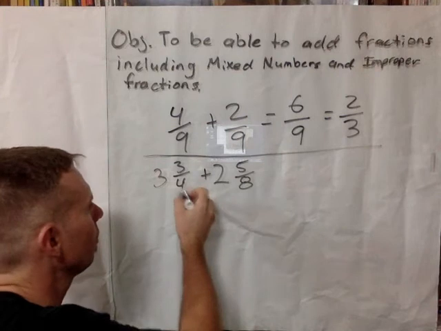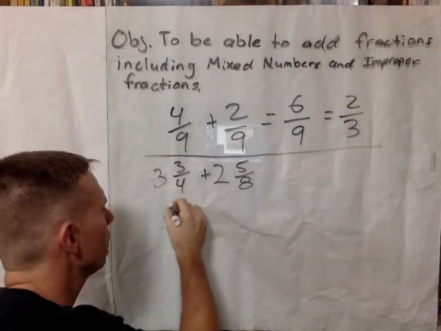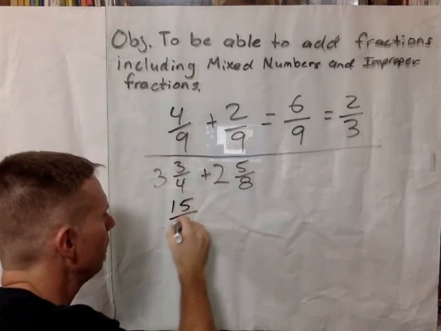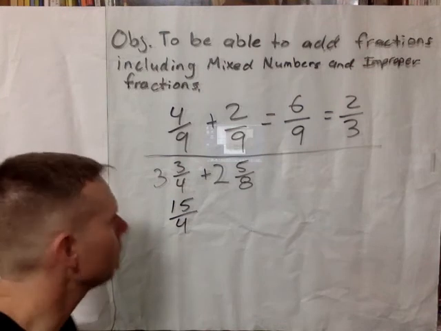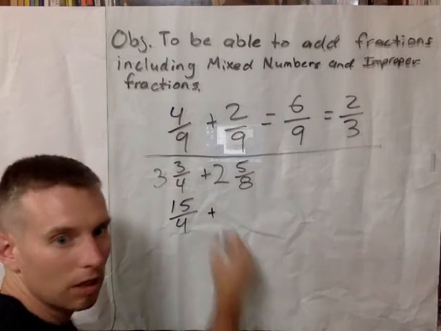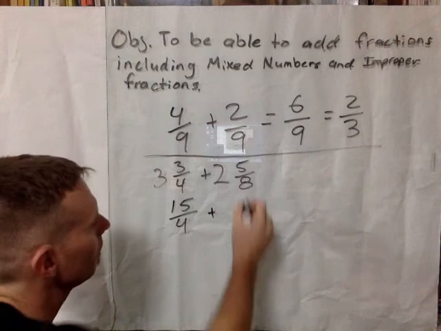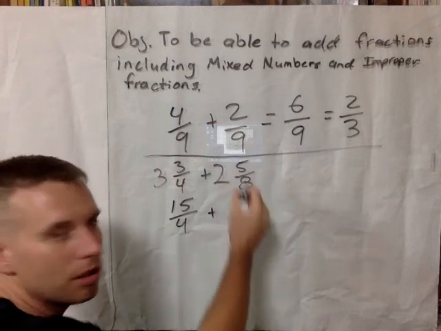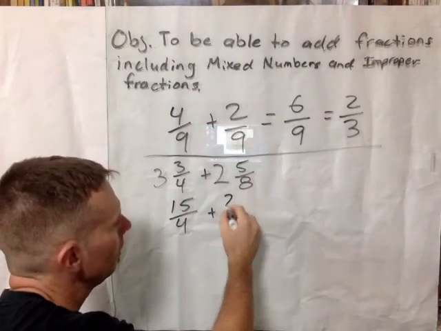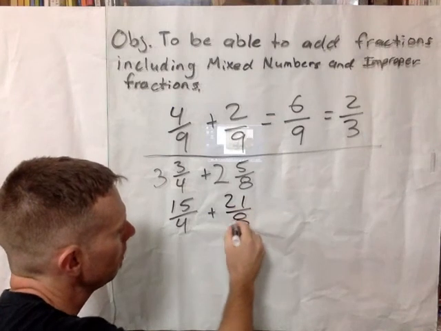So we'll do 3 times 4 is 12, plus 3 is 15. We'll still leave it over 4 if you remember how to do that. And here we have 8 times 2 is 16, plus 5 is 21.